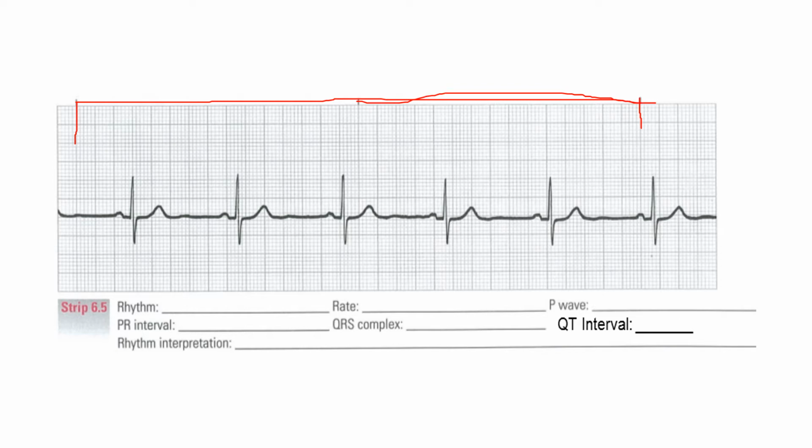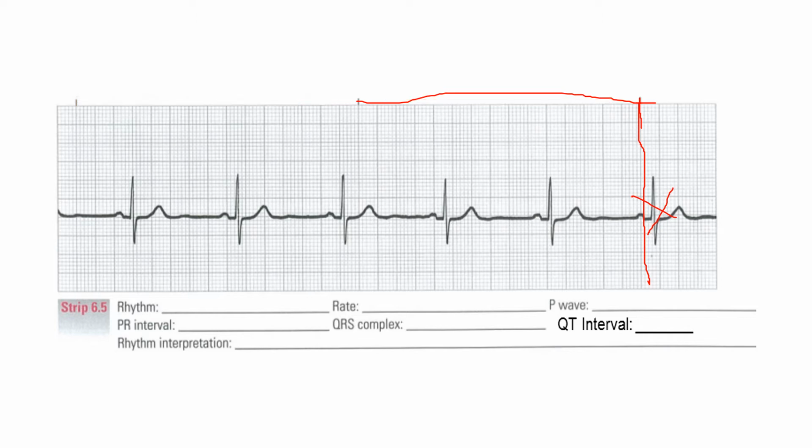We are only going to count the R waves. So we do not count this last complex if we were to do a heart rate. Within that, we have 5 complexes or R waves, so we are around 50. But because it's a regular rhythm, our more exact rate would be 54.